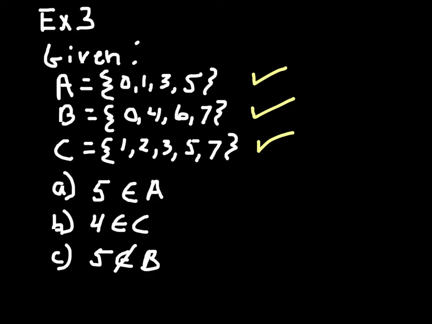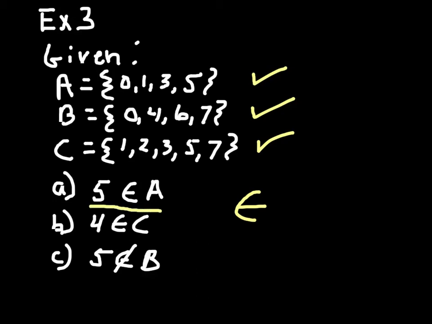And in A it says, notice we've got a little different symbol there, and it's not really an E, which would look like this. It's written a little differently, and how I would read this is this symbol stands for element of. So in A, I would read this as 5 is an element of A.